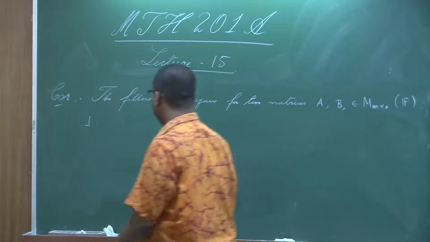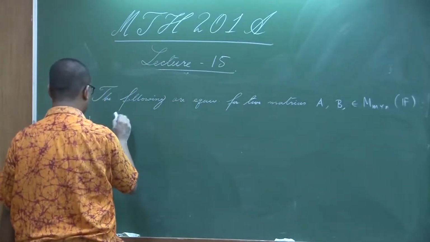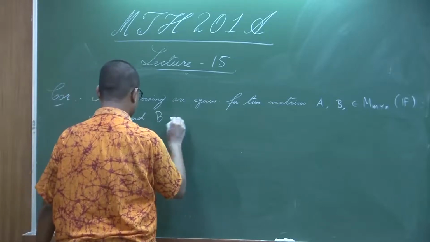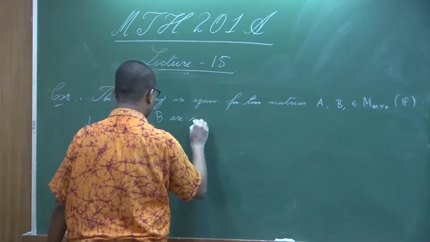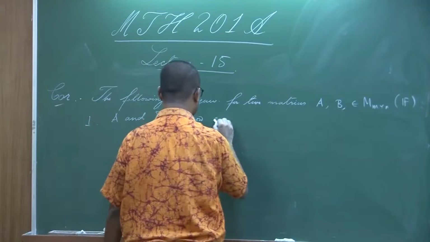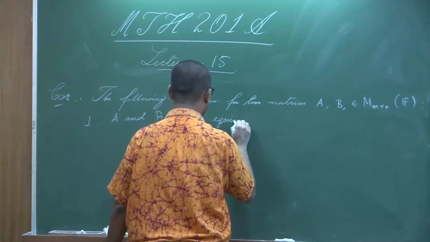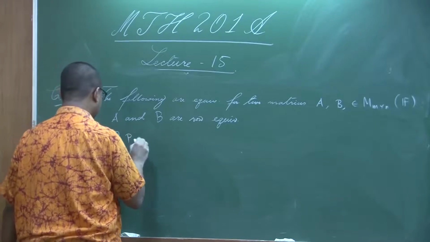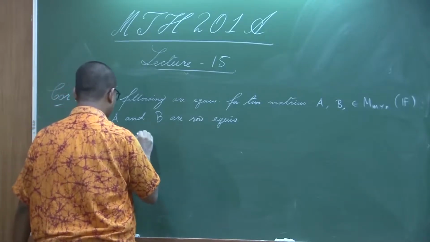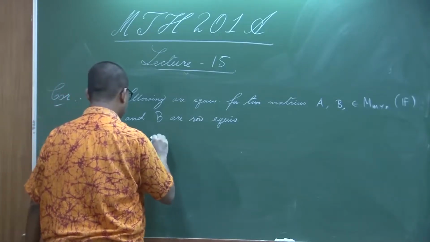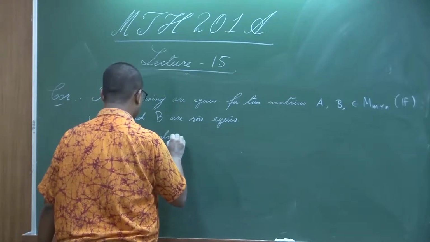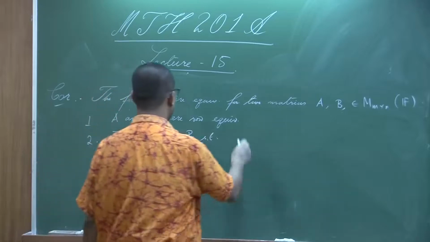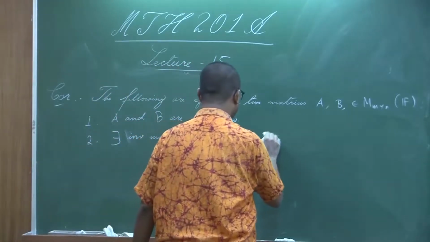One, they are row equivalent. Two, there exists an invertible matrix P such that B equals PA.